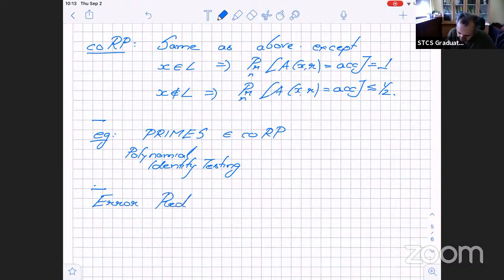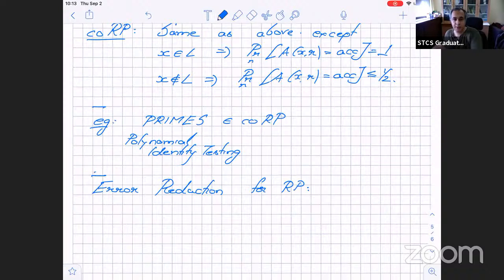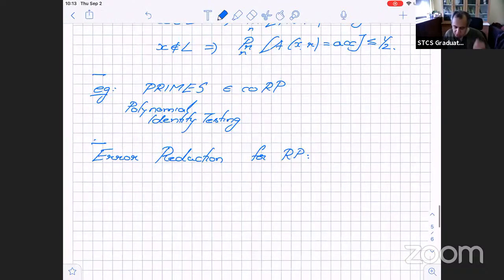So let's look at error reduction for RP. One needs to reduce the error in RP. You just repeat.